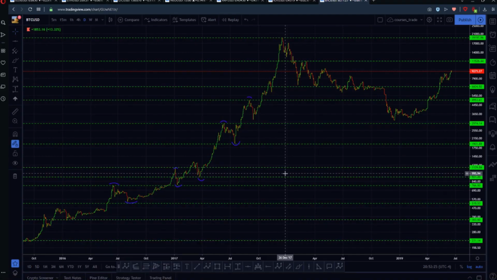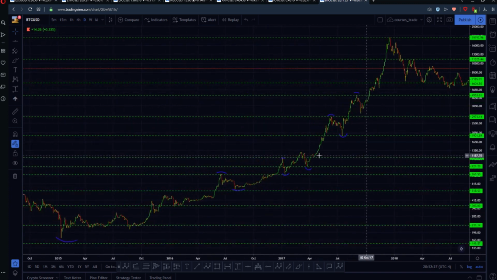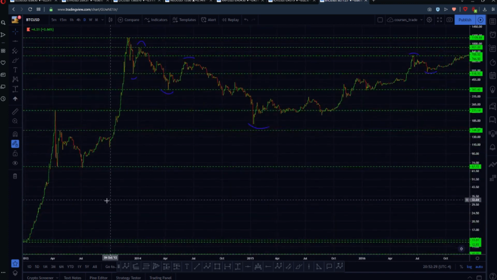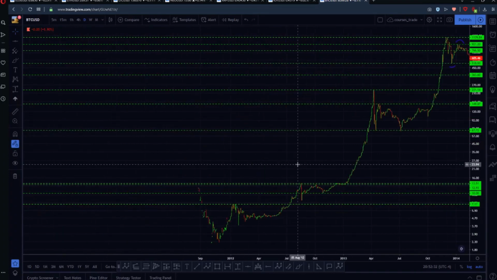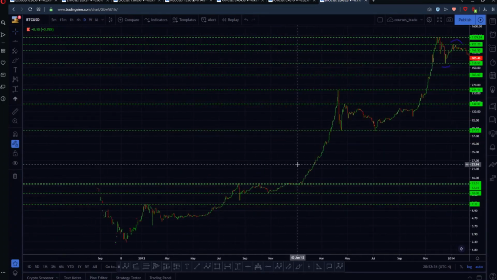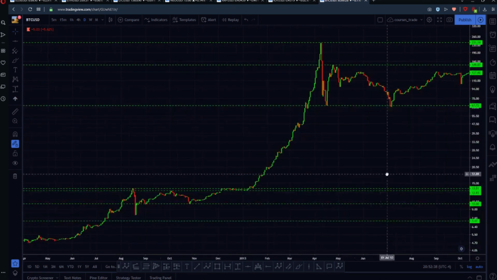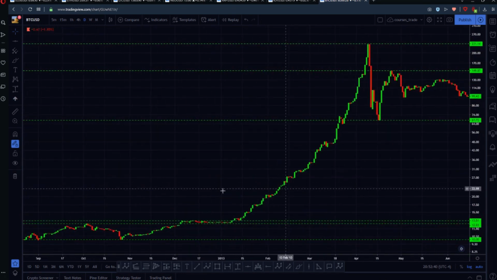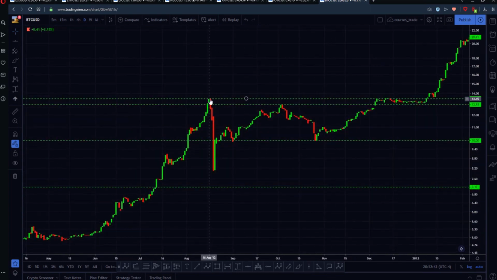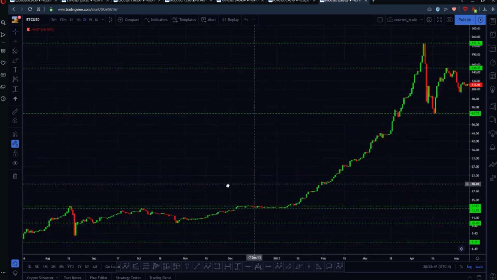Okay, let's go there now. We're going to go all the way back to where we started, and remember I talked about emotional points. These zones can be considered emotional points. Zones of brutal moves. See this zone right there? See this one? That's one of them.